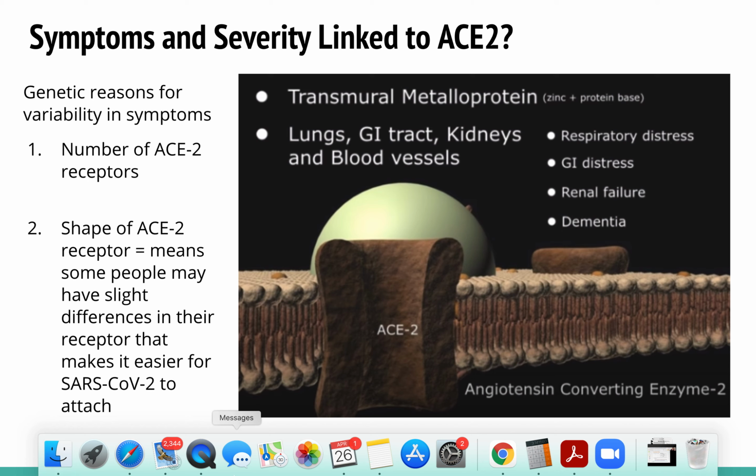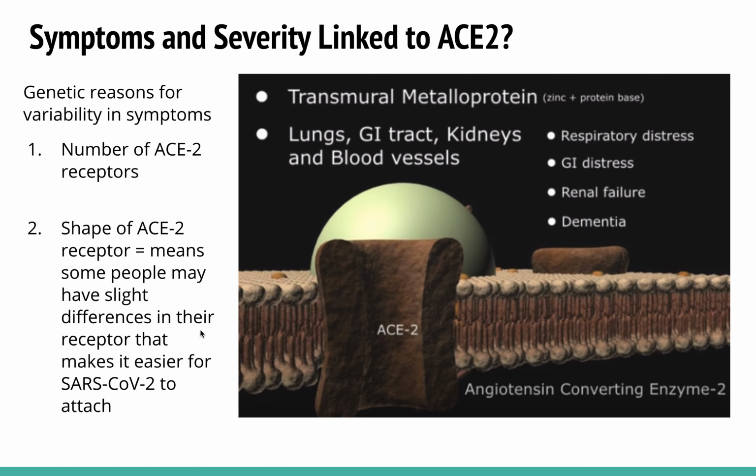We all have slightly different hair shapes or tones of skin. You can also have slightly different shapes of your ACE2 receptor. And in this case, that could be very bad if it's particularly good at attaching to the spike protein in COVID-19's virus, SARS-CoV-2.